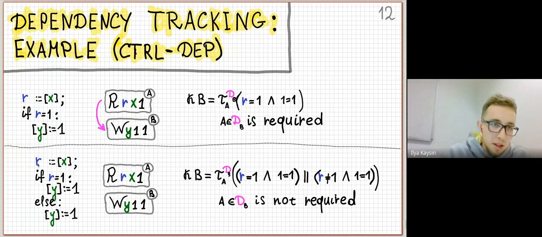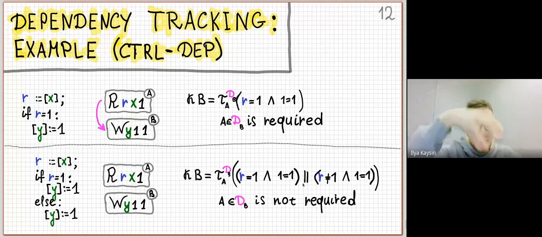Okay, but if we have an else branch, then, I didn't show you, but in fact these two instructions can be represented by a single event in our graph. And this event B collects the preconditions from both branches. So it's not just r equals 1 and 1 equals 1, but it's r equals 1 and 1 equals 1, or r is not equal to 1 and 1 equals 1.